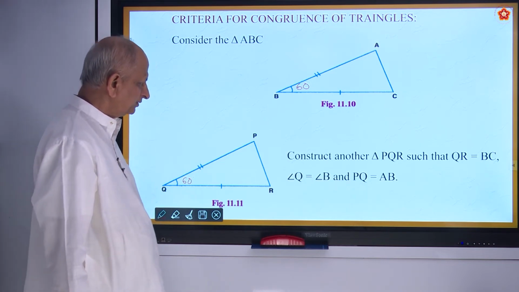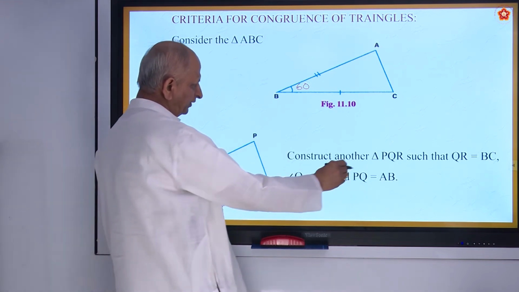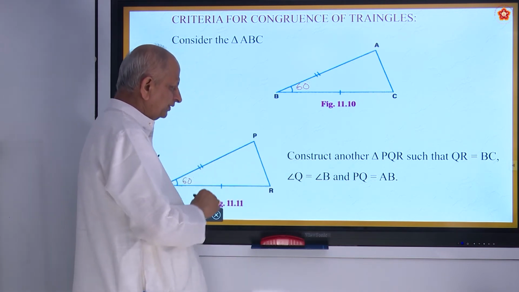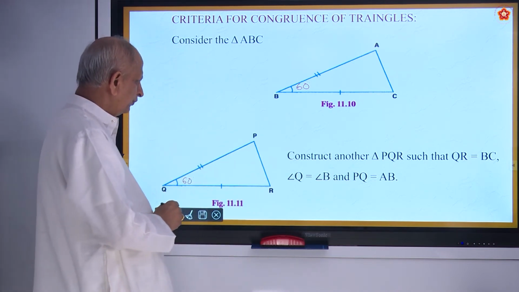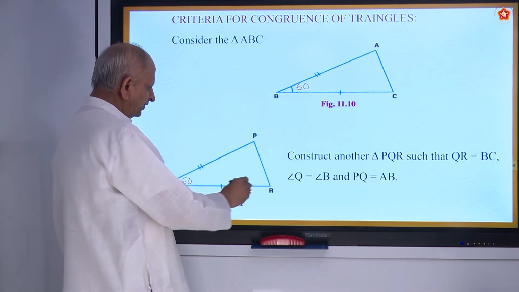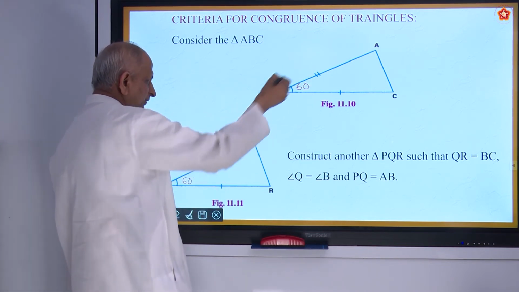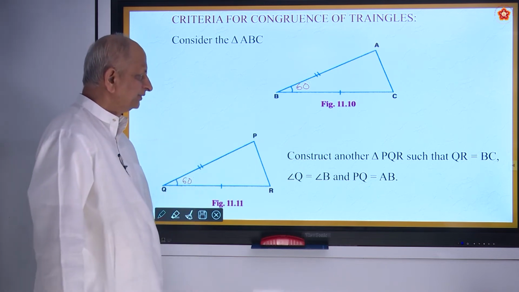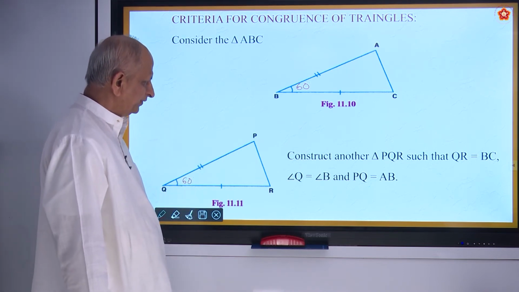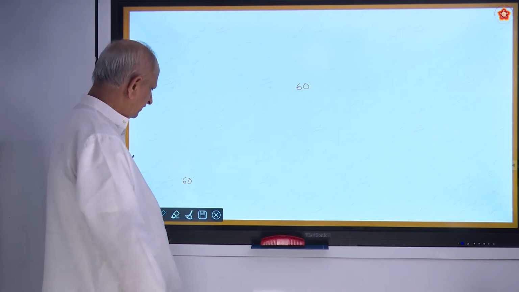SAS. Why SAS? Two sides and one included angle are equal. Therefore, we say two triangles are congruent.